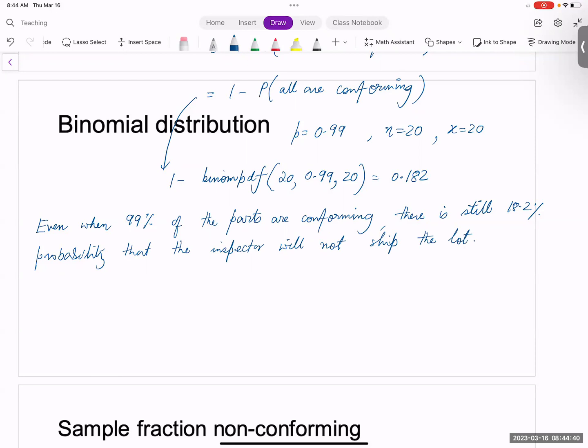Right? And that's what we usually refer to as type 1 error. And again, we'll return and talk about this more extensively in chapter number 3.